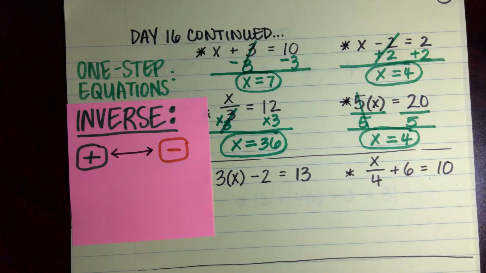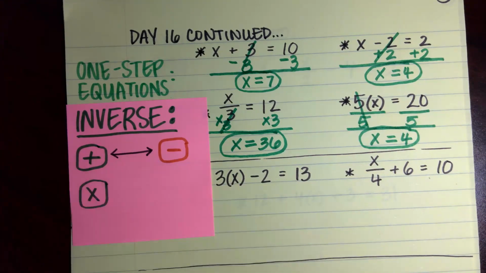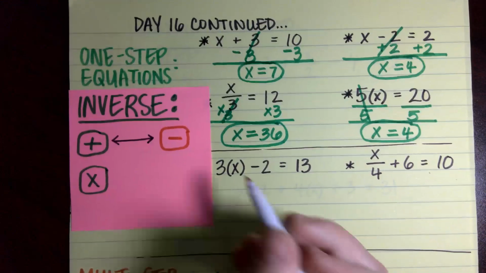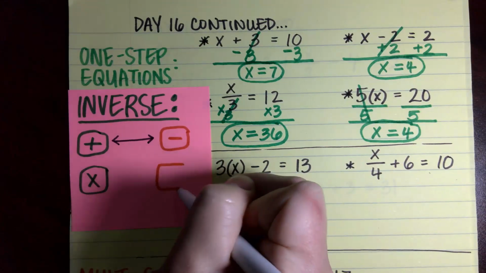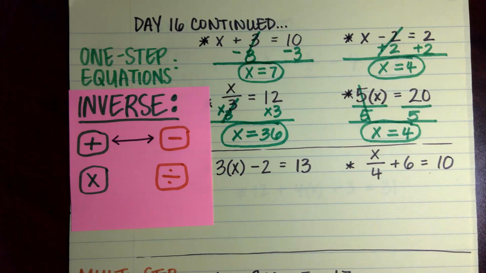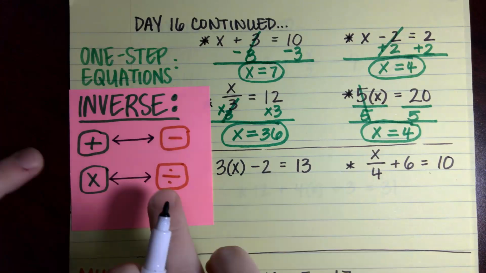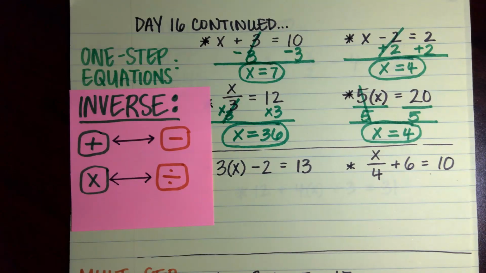And then the opposite of multiplication is division. So this is just a little reminder, because this rule of using inverse operations, it will never change. No matter how many steps your equation has, we always use the inverse for each step.